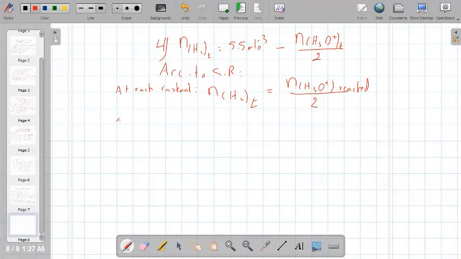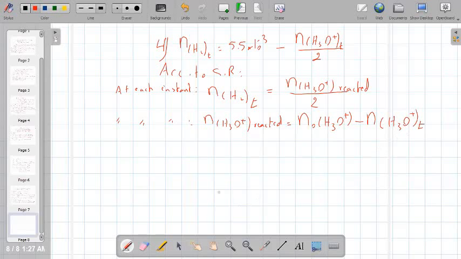Now, at each instant, the number of moles of H3O plus reacted equals the initial number of moles of H3O plus minus the number of moles of H3O plus left, that means at instant T.